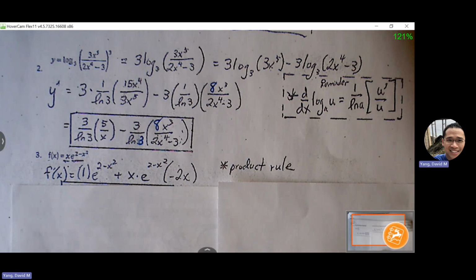F prime, x becomes 1, g is just e to the 2 minus x squared, plus f is x, and then the derivative for e to the 2 minus x squared is the original function times the exponent's derivative.